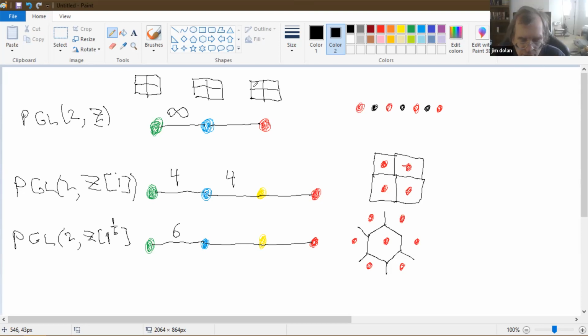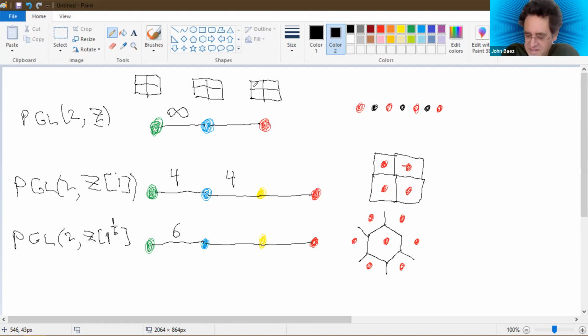I mean, every element of this little group is either a translation or a translation followed by or preceded by a reflection. Are those all conjugates of each other? What am I trying to say? What do you mean?